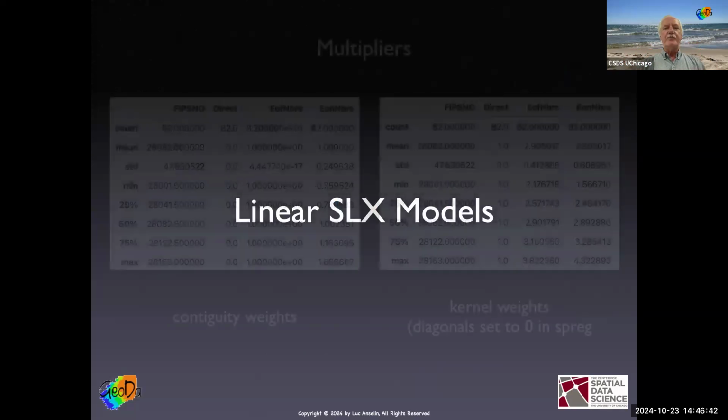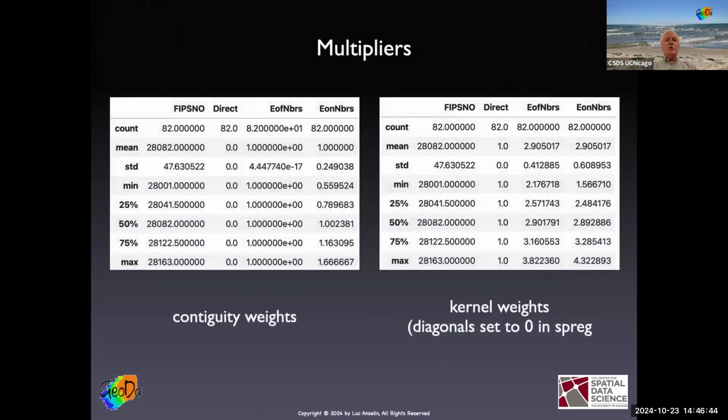Simple one, SLX models. So the SLX model, if you have a contiguity weight, then the impacts of the neighbors are from W, the W, X, change in X, times the gamma coefficient, right?